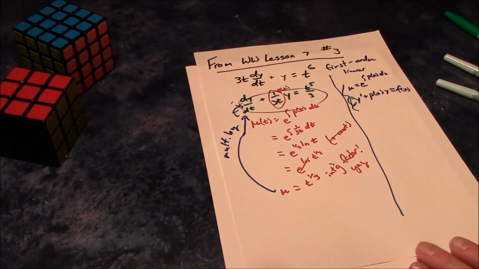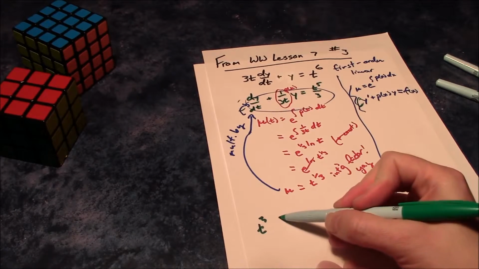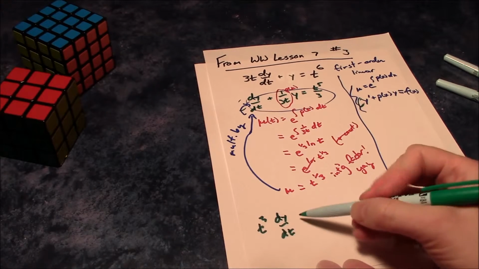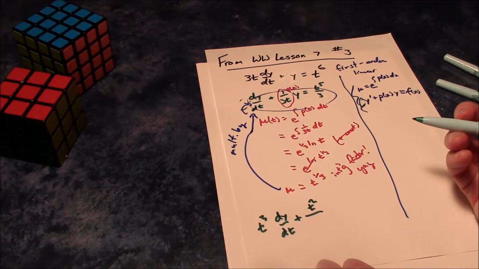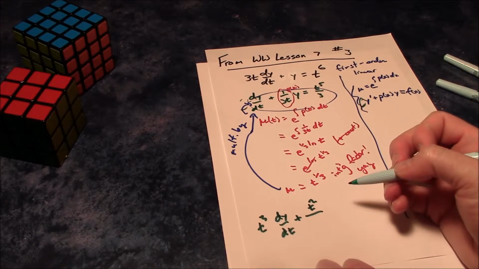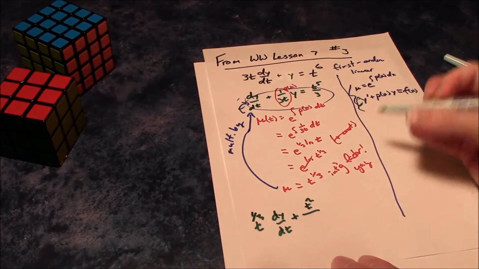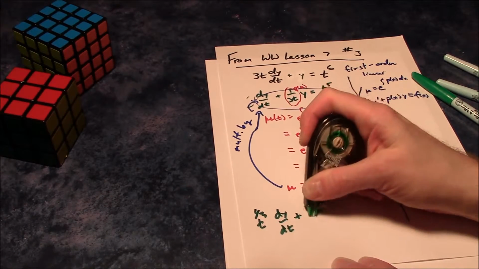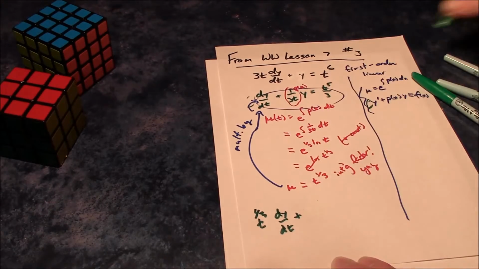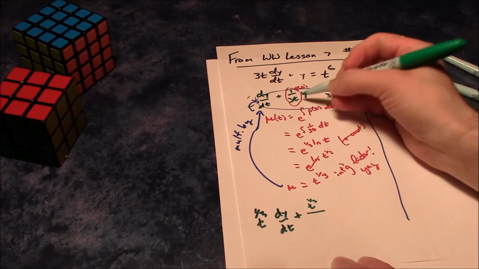Let's do this. So multiply the whole thing by the integrating factor, and we get t to the 1/3 dy dt plus t to the 1/3 times this guy, t to the 1/3 divided by 3t.